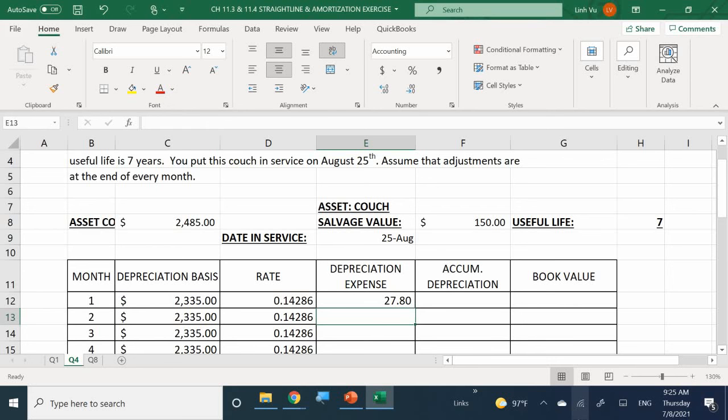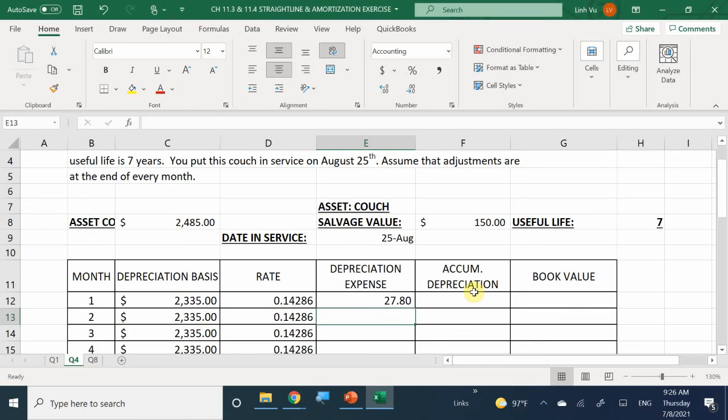Now, just exactly what Nathan said, we're not going to calculate August. So our first month of depreciation is going to start as of September. So in this case, this is to teach you that this is another way that businesses can also depreciate. They can depreciate it every single month because at the end of the day, multiply it by 4, you're going to get however much it should be for the whole year.